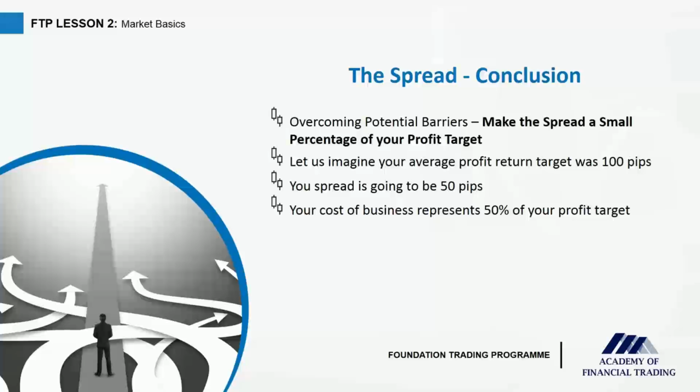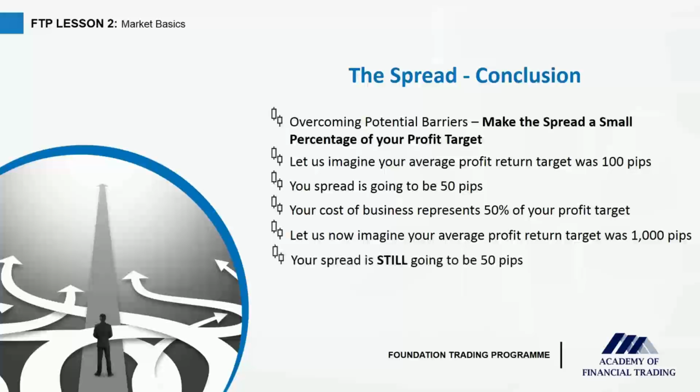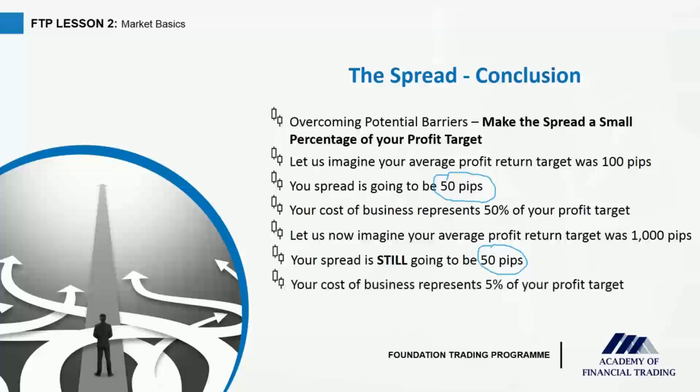Okay, so now let's imagine if your profit target was higher. Instead of 100 pips, your profit target was 1,000 pips. The cost of doing business remains the same, like I've said. It doesn't vary. The broker is still going to just charge you a set amount of pips. But if your profit target was 1,000 pips instead of 100 pips, the cost of doing business is only 5% of your profit target.